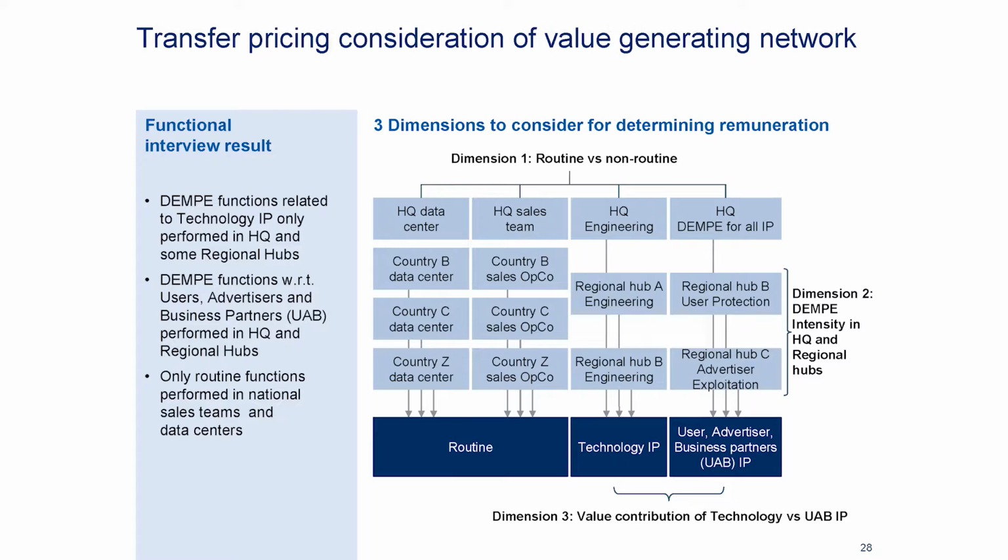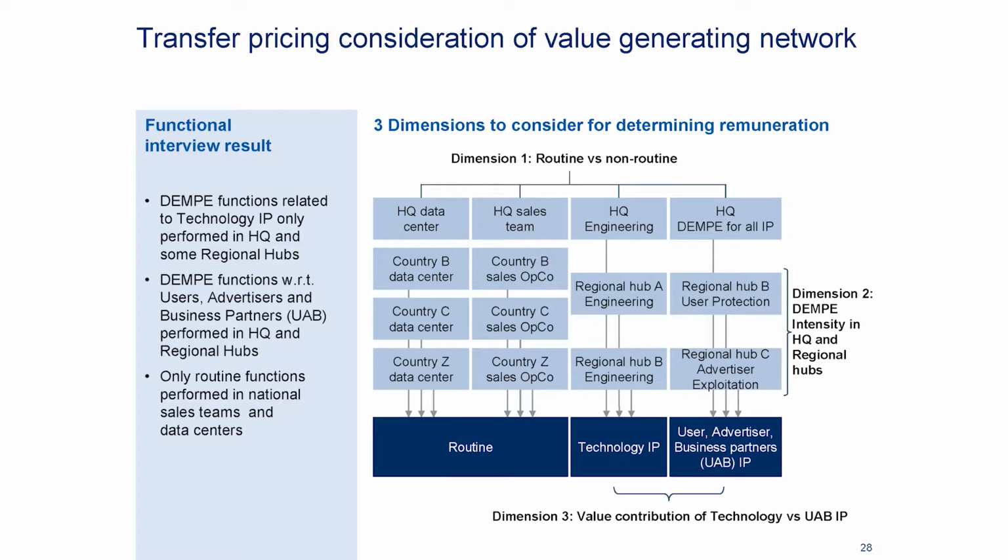In this slide, it is assumed that it is functions related to so-called data centers. Data centers are the IT infrastructure that enable tech players to serve their users and clients across the globe. The second is local sales support, marketing activities. We'll touch that later again.